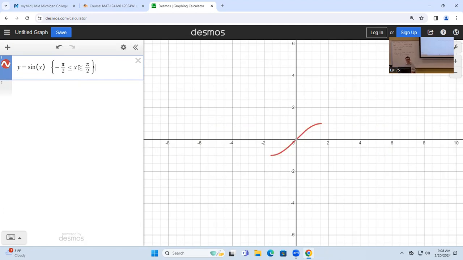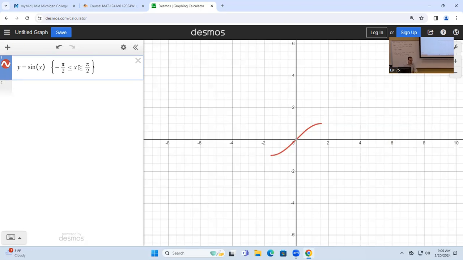Now, that's not the only choice I could have made. I could have started at pi over 2 and went to 3 pi over 2. I could have started at 3 pi over 2 and went to 5 pi over 2. But the reason I chose this one is for two reasons. One is that it goes through the origin. And the second one is that this matches up with what our calculator is going to give us when we type in inverse sine.